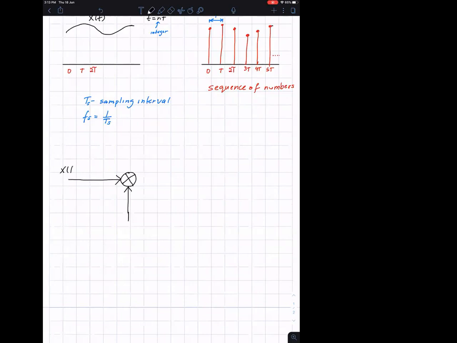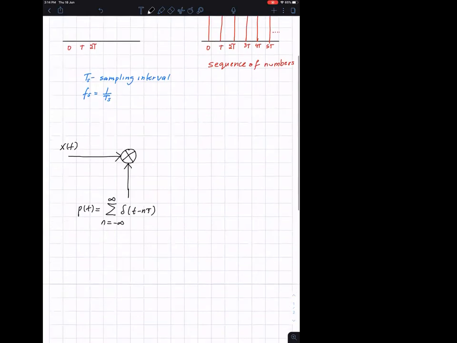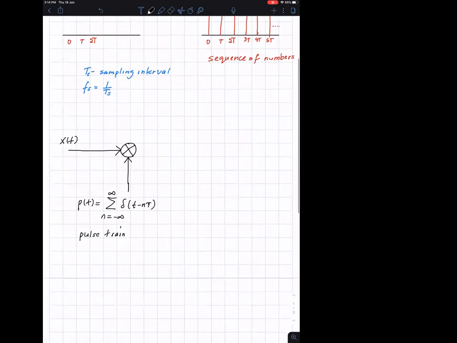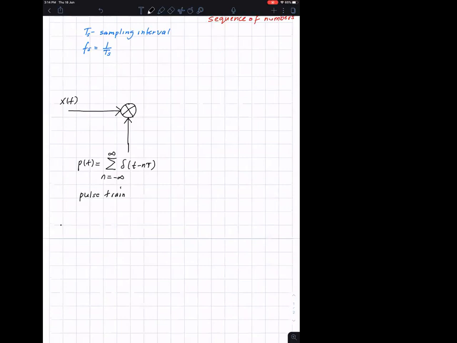So you have a continuous time signal x(t) coming in. Then you're going to sample that with p(t), a series of impulses. We can call this a pulse train.